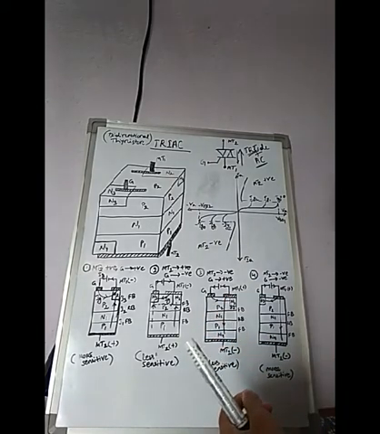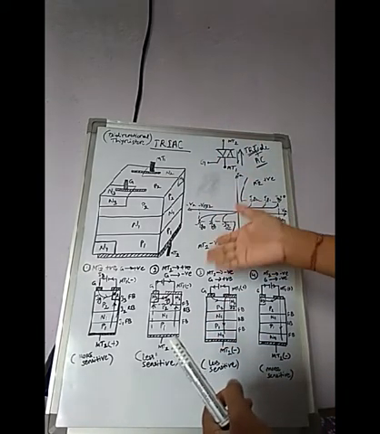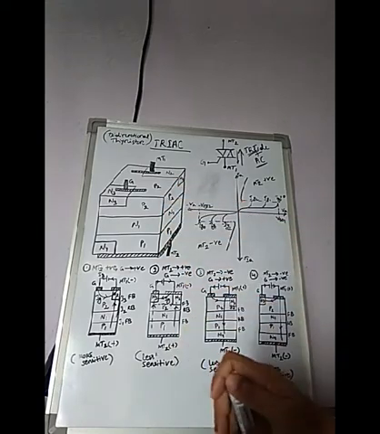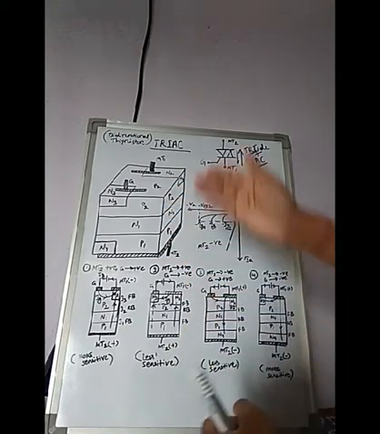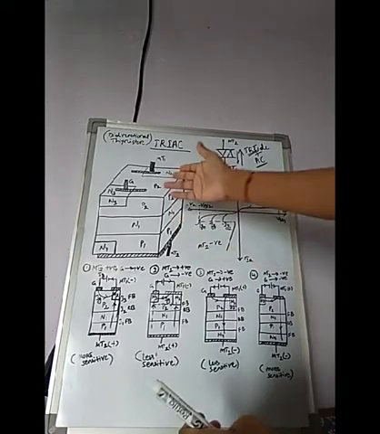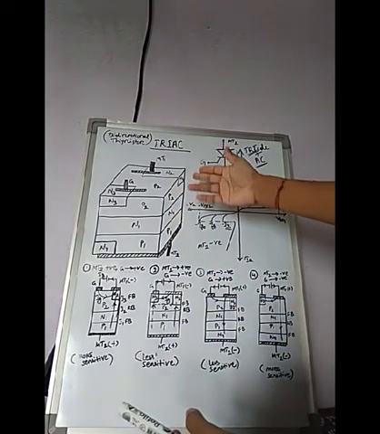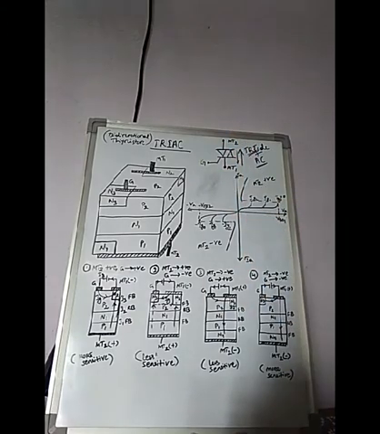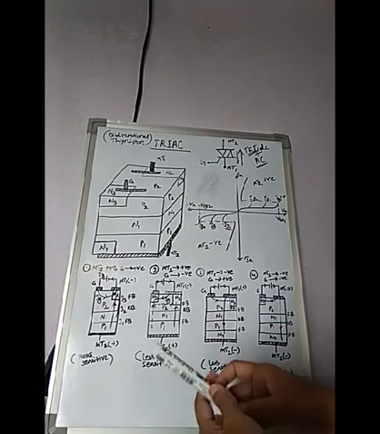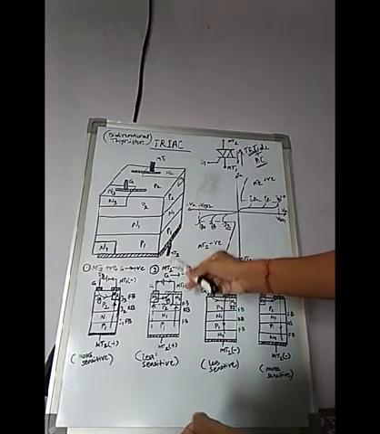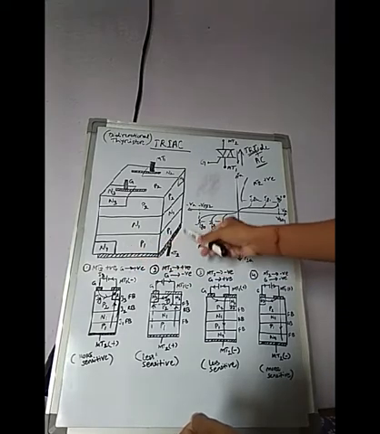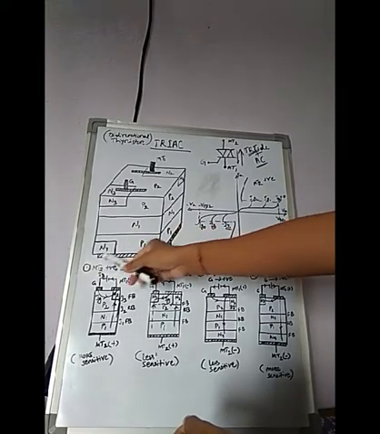Hatched means over the P1 layer, N4 layer is epitaxially grown. Similarly, over P2 layer, N3 layer and N2 layer are grown, or diffused.